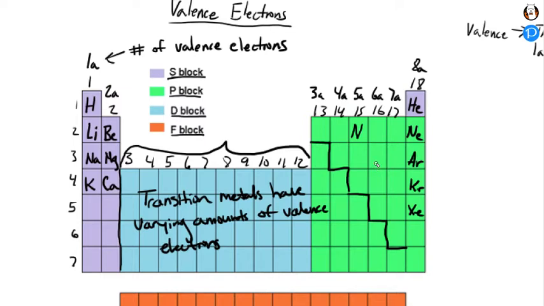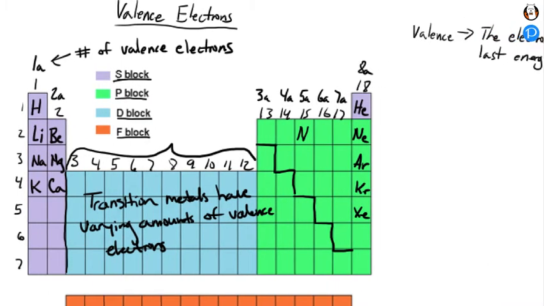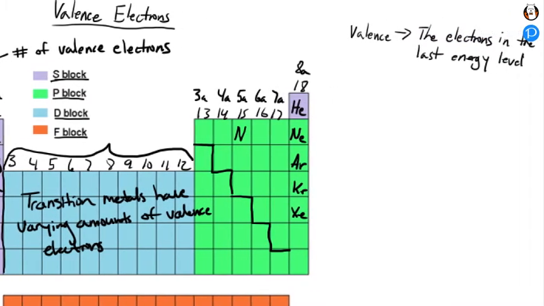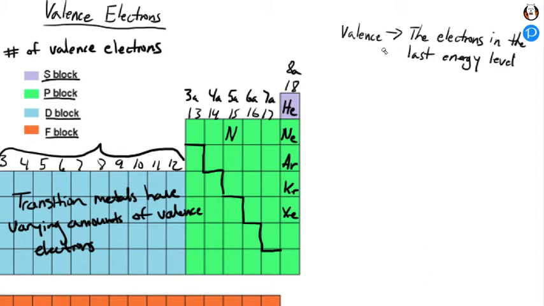Now, they all have different amounts of electrons before that outer shell, right? But it's that very last shell, that highest energy level, where they have the same amount of electrons. That's one of the patterns we get in the periodic table. That's important because valence electrons are basically responsible for most of the chemistry that we see, all the bonding between elements.